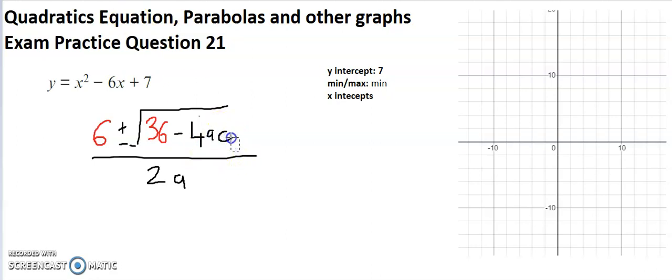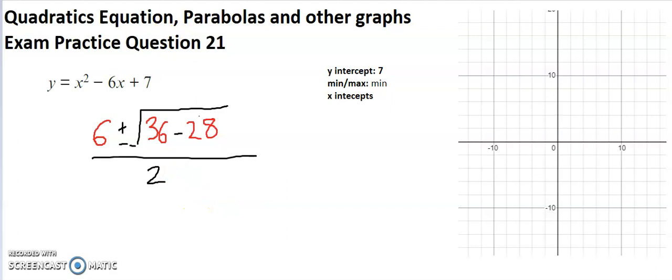So negative 4 times 1 equals negative 4 times 7. 7, 14, 21, 28. So that leaves me with negative 28. And then I've got 2 times a, which is 2 times 1, which is just 2.